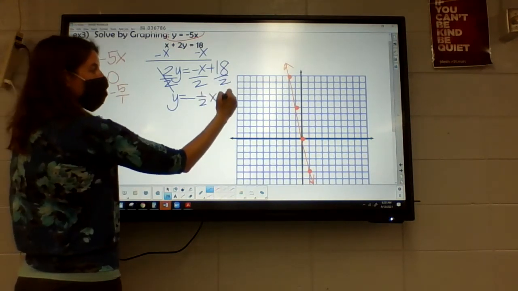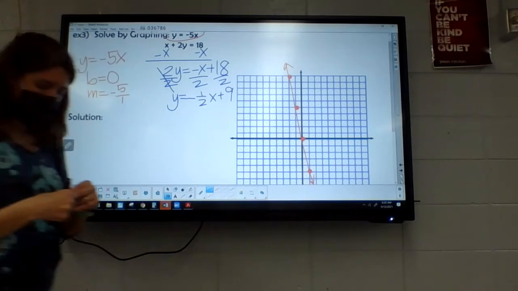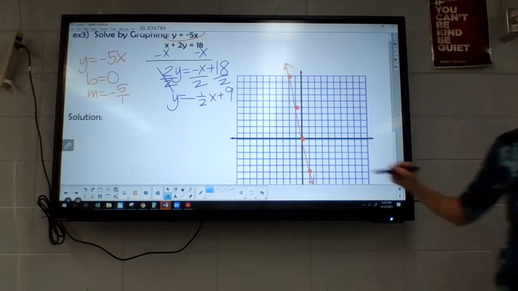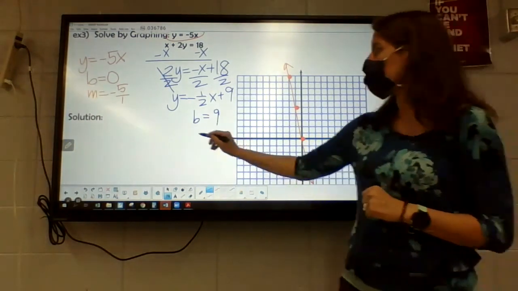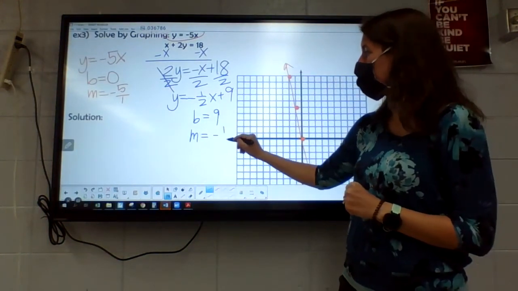And then this is going to be plus 9. So my b in this case is going to end up being 9. So b is 9, and then my slope is that negative 1/2.